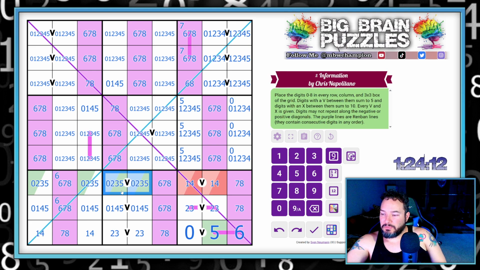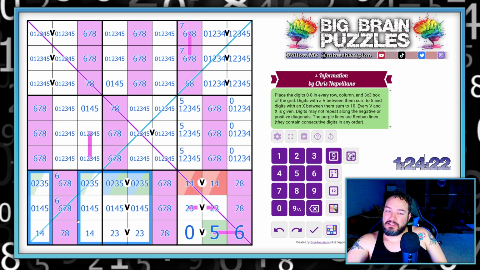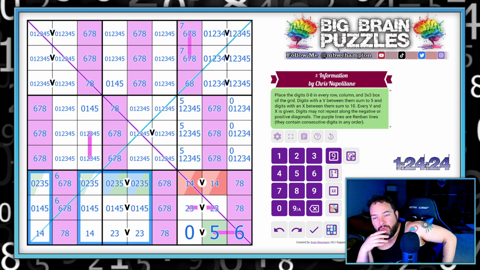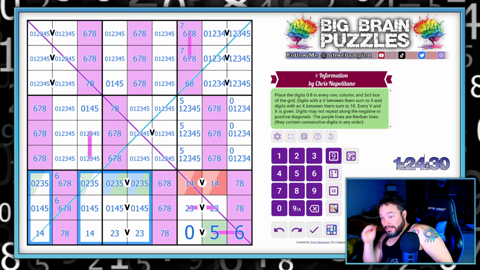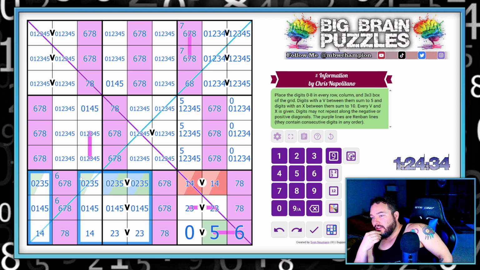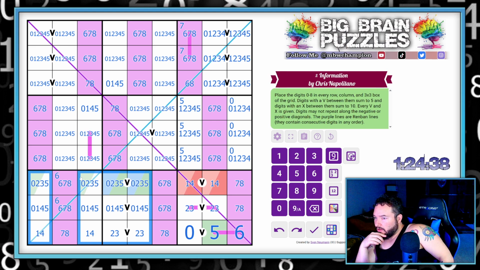It was this part. Realizing that this was always going to be separated to make this one pink. That was definitely the part of the puzzle where it took me a second to get that logic. But once I got that logic, everything pretty much flowed pretty well.